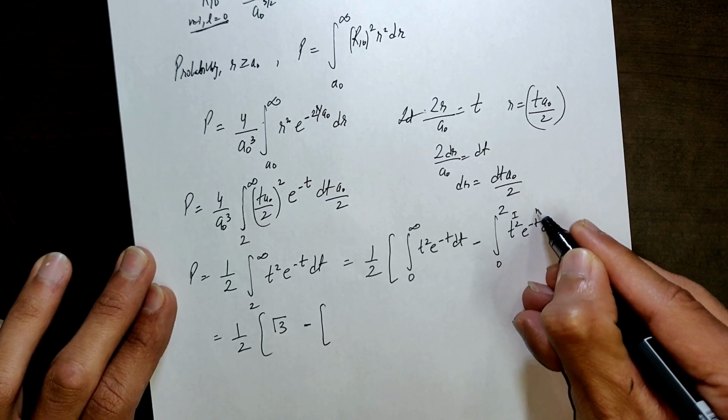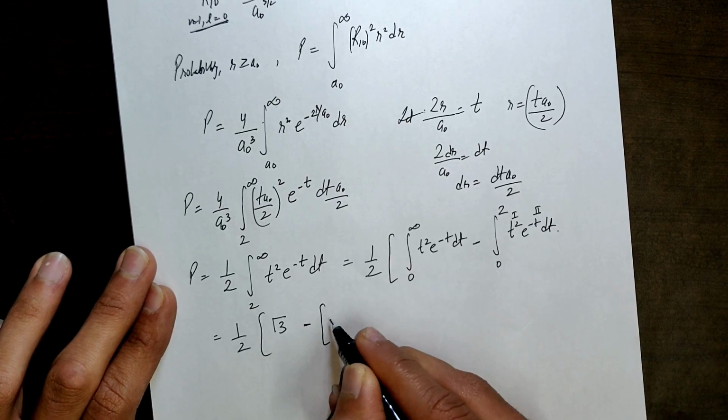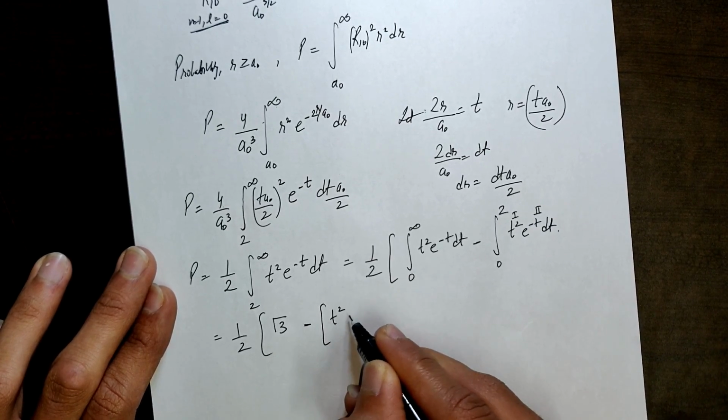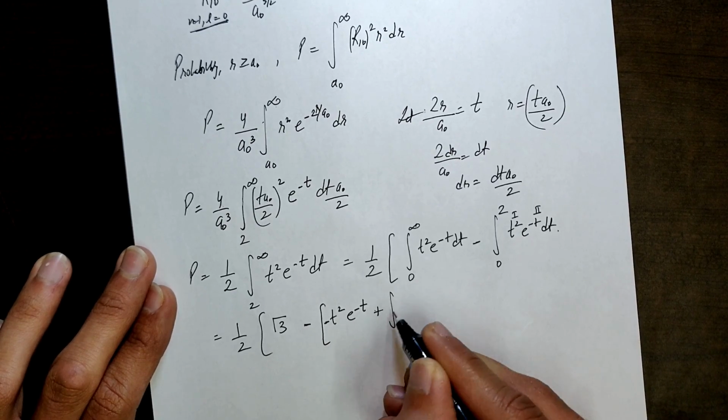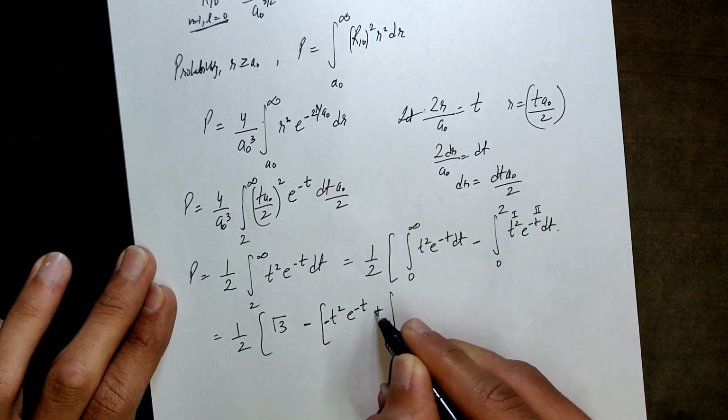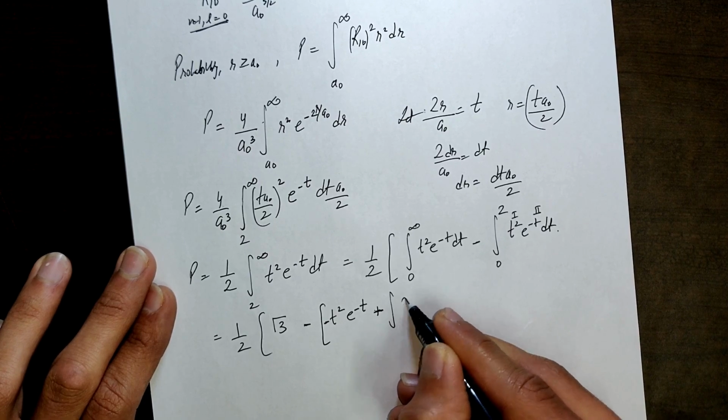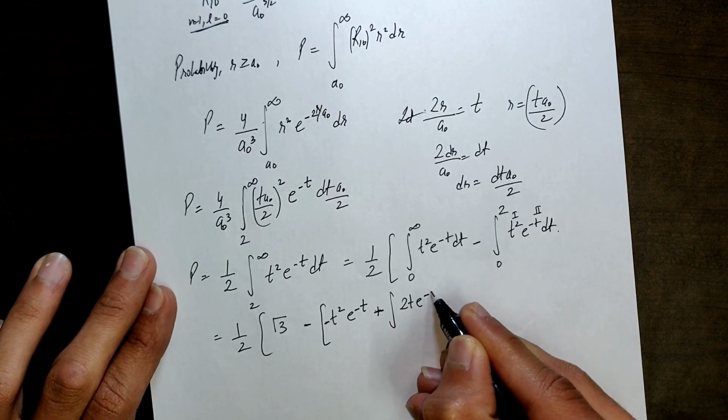Take this as the first function, this is the second function. So first function into integral of second function minus integral of differentiation of first function into integration of second function.